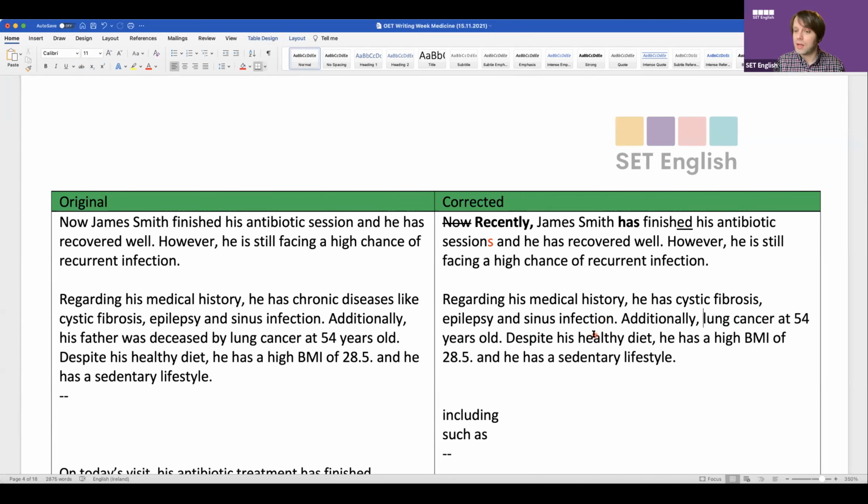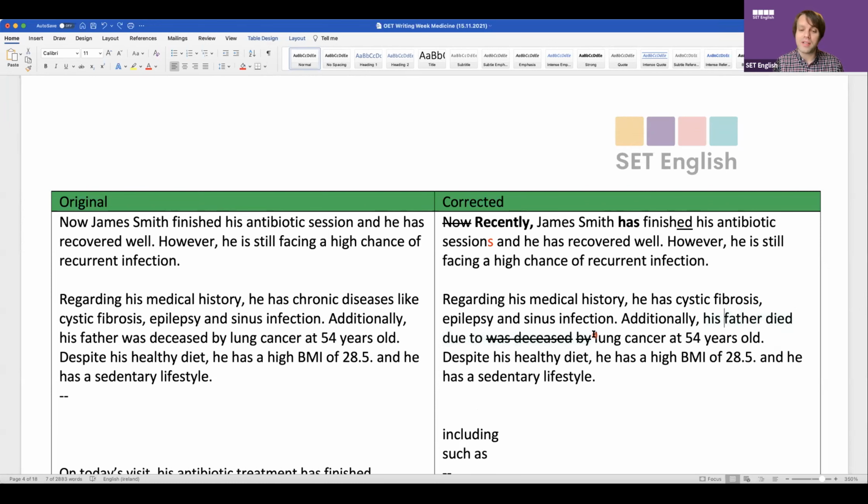Lung cancer. Wait a second, how can I do this? It wouldn't be passive, it would be active, wouldn't it? Lung cancer killed his mother. It doesn't sound as good either. Maybe let's go back to this. So his father died due to lung cancer.